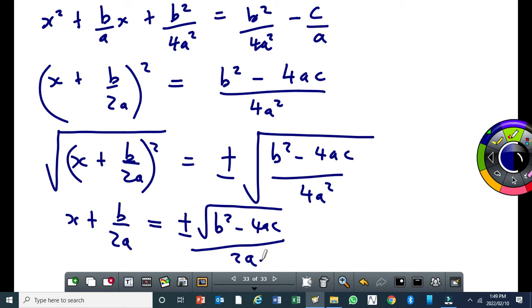So it's only the numerator which is going to be affected by the square root sign. Alright, so from here now, we take the b over 2a term to the right. Are you following? Okay, so let's take the b over 2a to the right.